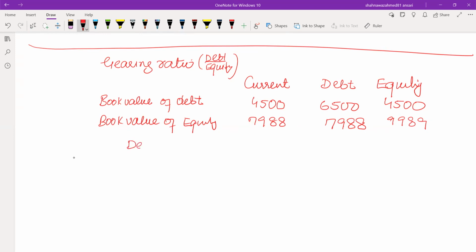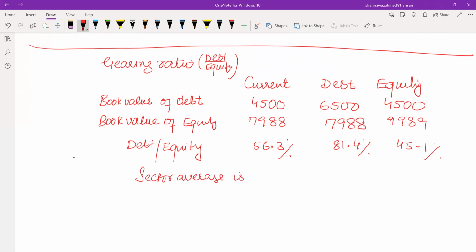Now, what is the ratio? Debt over equity. So current is 56.3. In case of debt financing, it's 81.4 percent. And in case of equity financing it is 45.1 percent. Sector average is given 60.5%.